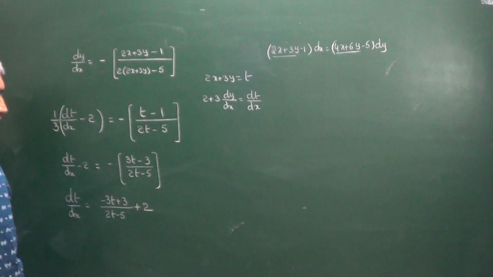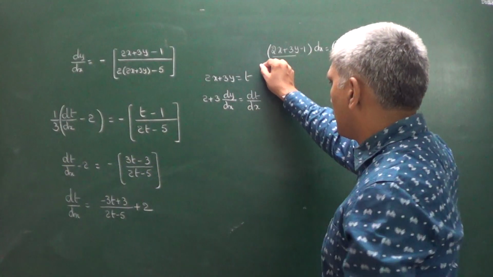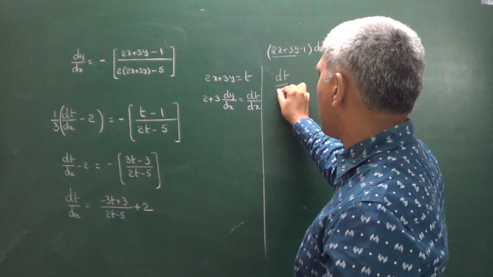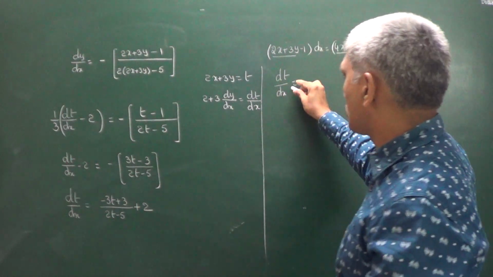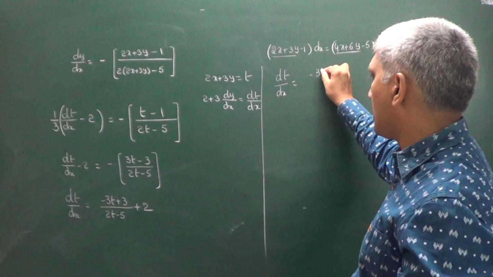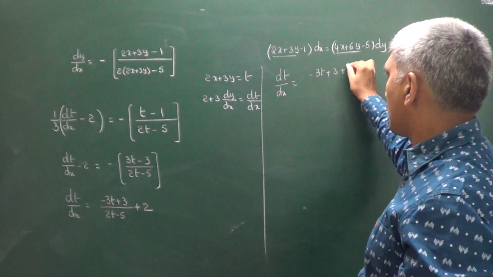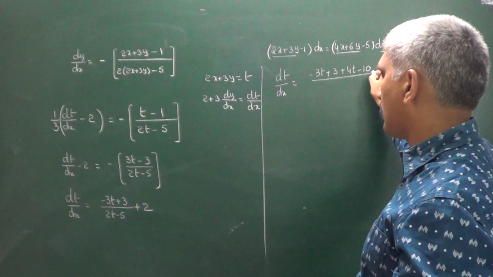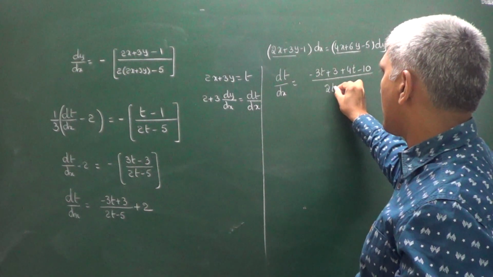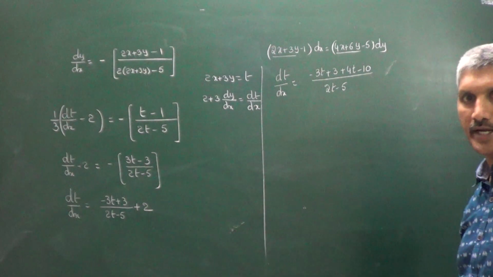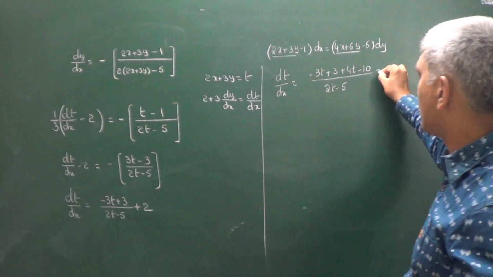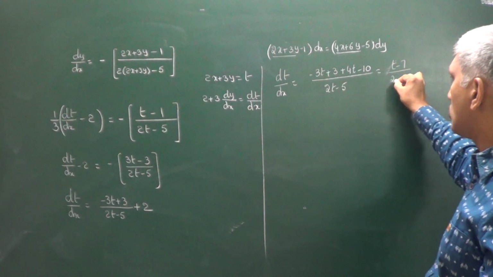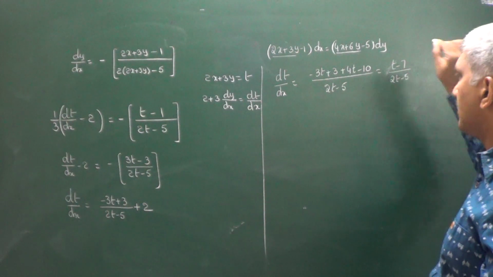Now further simplification: dt by dx is equal to minus 3t plus 3 plus 4t minus 10 divided by 2t minus 5. So this can be further simplified as t minus 7 divided by 2t minus 5.